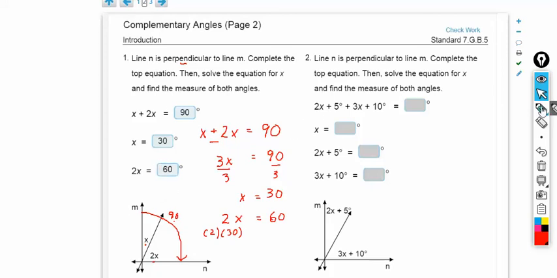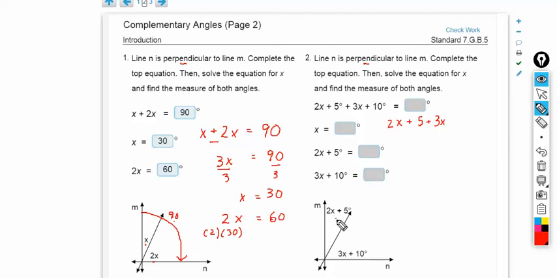Alright, moving on to the next one. We have perpendicular lines, so we know that this whole thing equals 90 degrees. So now we're going to have 2x plus 5 plus 3x plus 10 equals 90 degrees.